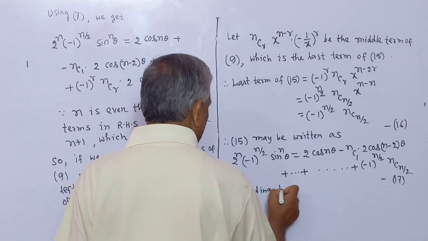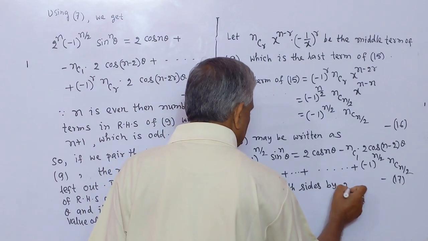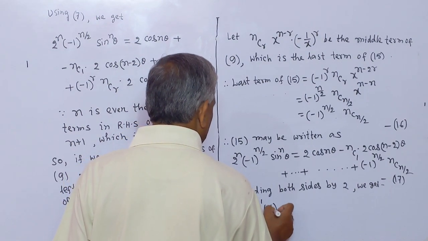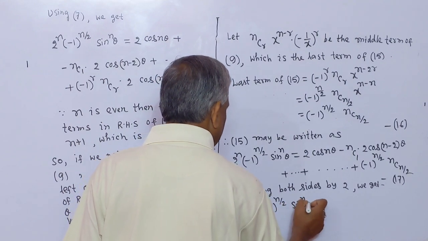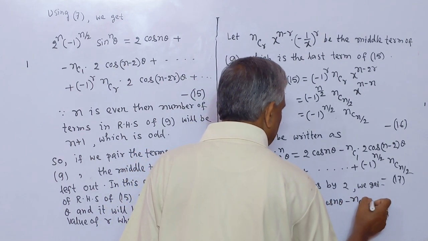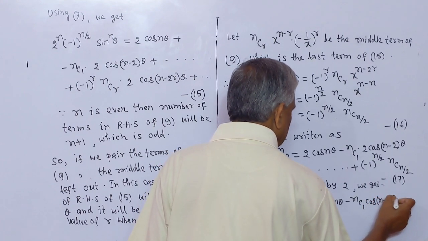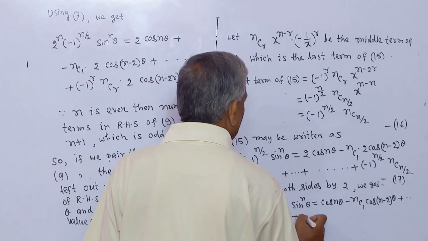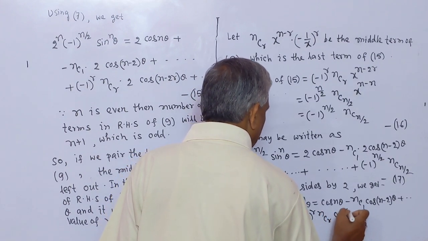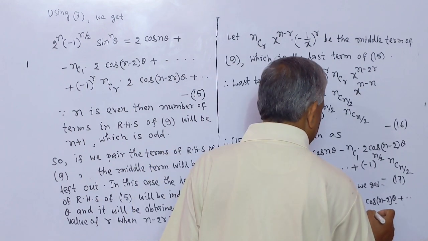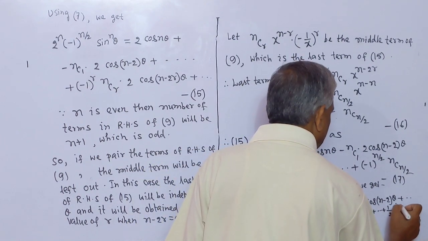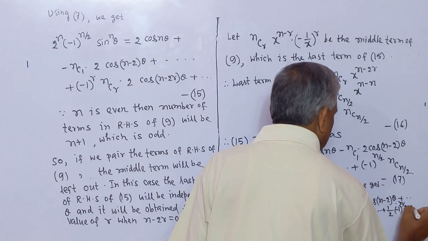Dividing both sides by 2, we get 2 to the power n minus 1 times (-1) to the power n by 2 sine to the power n theta equal to cos n theta minus nC1 cos (n minus 2) theta plus dot dot dot plus (-1) to the power r nCr cos (n minus 2r) theta plus dot dot dot plus half, we divide by 2, (-1) to the power n by 2 nC(n by 2).